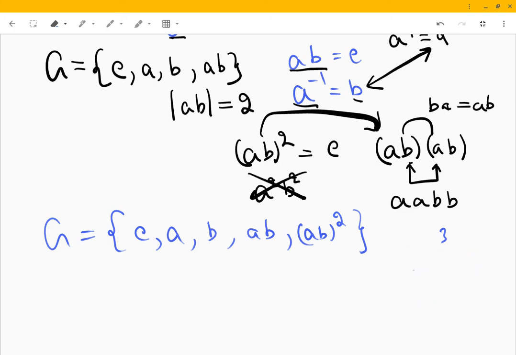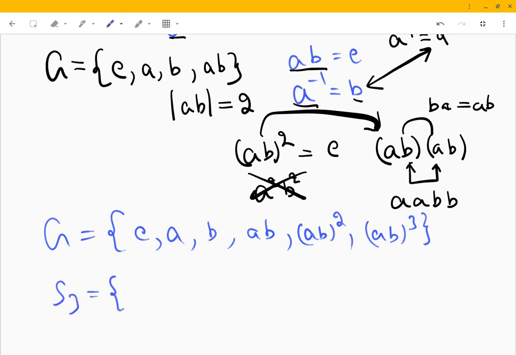See, I was trying to fit in 2 elements of order 2, but I mentioned that elements of order 2 have to be half or odd in number, right? So this will be the group. And since it is not cyclic, let's make it isomorphic to S3.